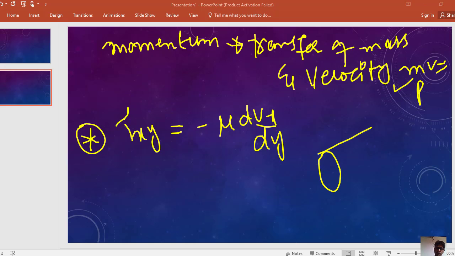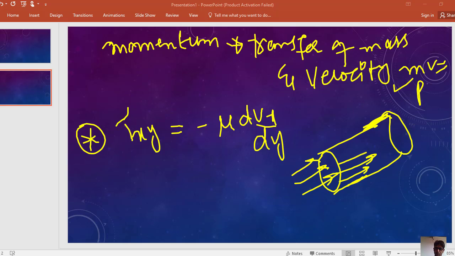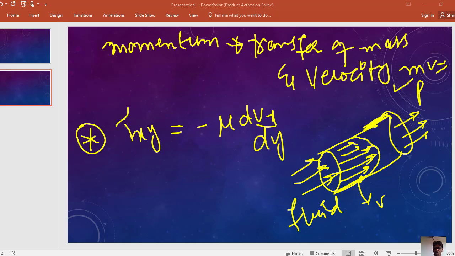Suppose we have a pipe in which some fluid is flowing. On the surface there is the no slip condition. Velocity increases and decreases, and it forms a parabolic-like profile inside the pipe. Here, at the wall, the velocity Vx is 0.